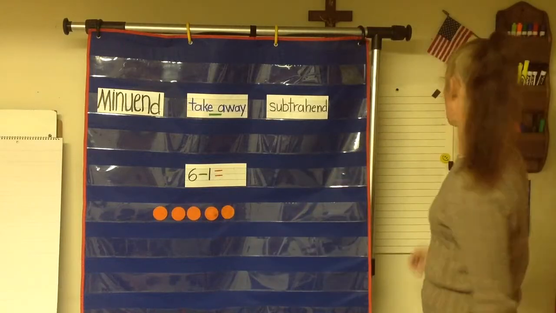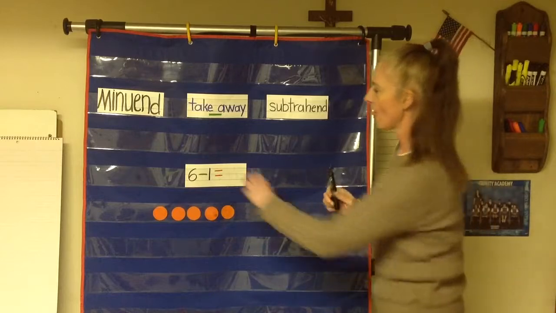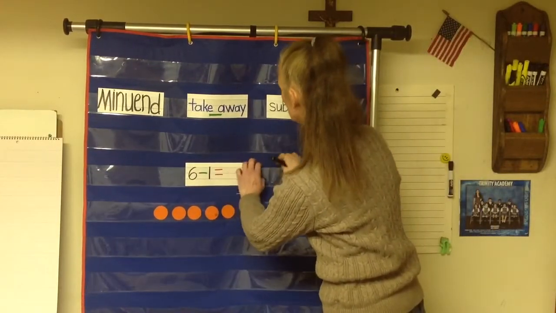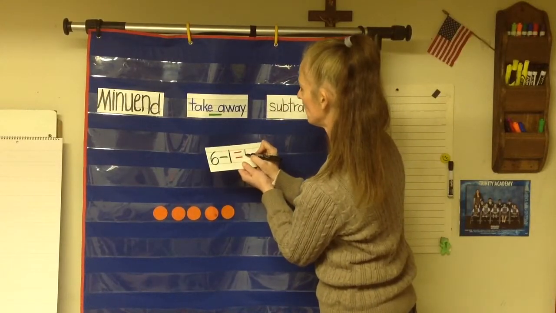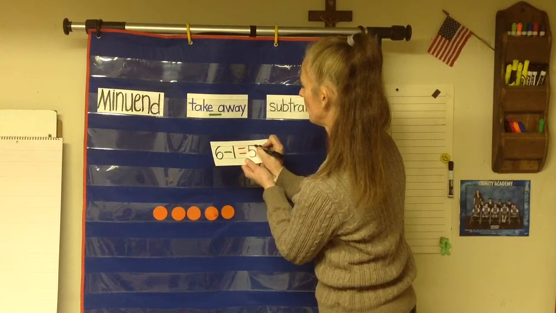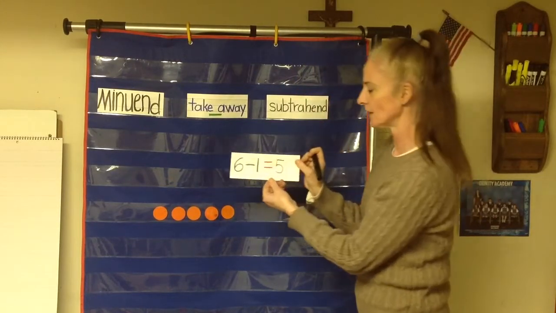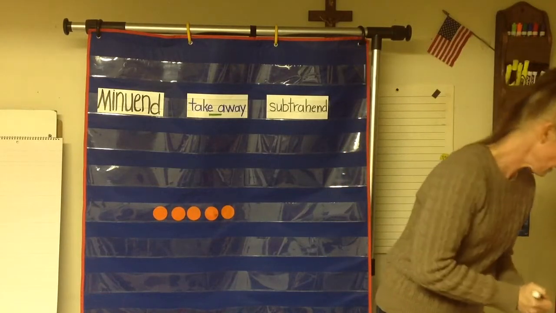So we'll finish our subtraction action sentence by writing the number 5 after our equal sign. And you can do it on yours. Okay? So now you're going to keep up with me, okay? I'll give you a few minutes to write the next one.